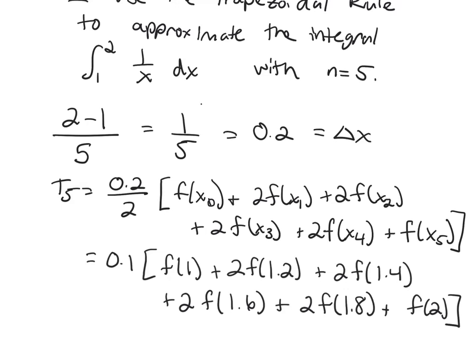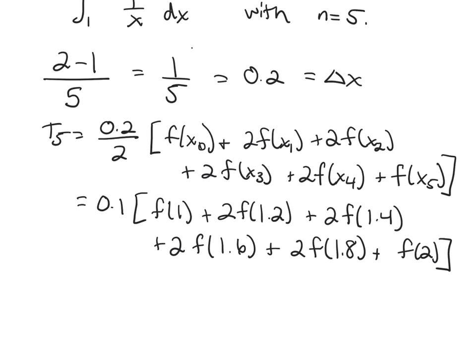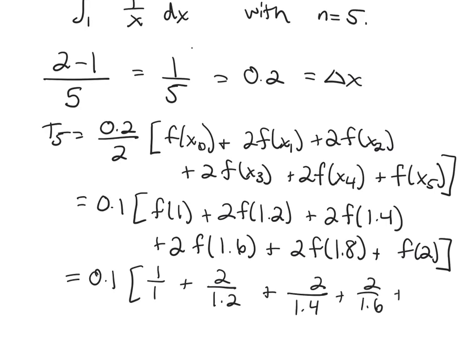Okay, so this is where we use our function now. The function that we were integrating was 1 over x. So I plug these into that function: 2 over 1.4, 2 over 1.6, 2 over 1.8, plus 1 over 2.